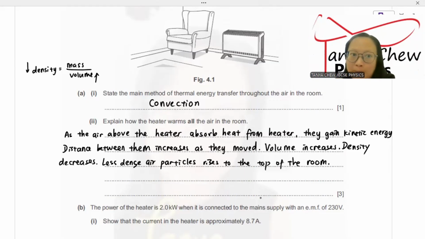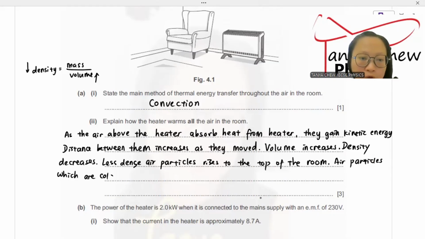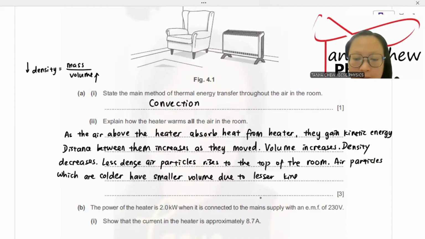So their volume, as compared to the heated air particles, is lesser. When their volume is lesser, their density is higher, right? So what happened? Air particles which are colder or less hot have a smaller volume due to lesser kinetic energy, so they cannot move further apart from each other.